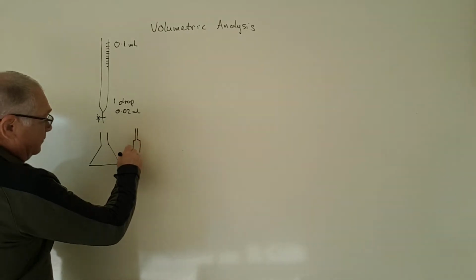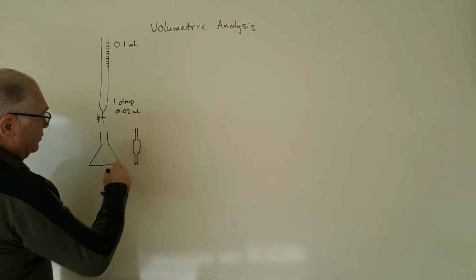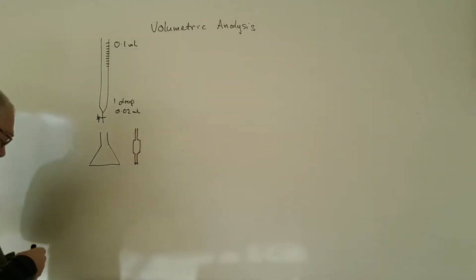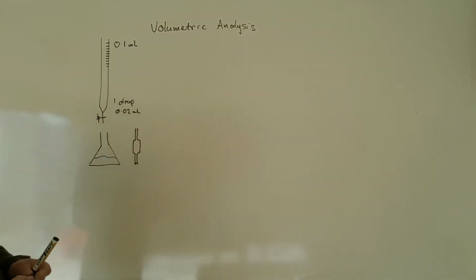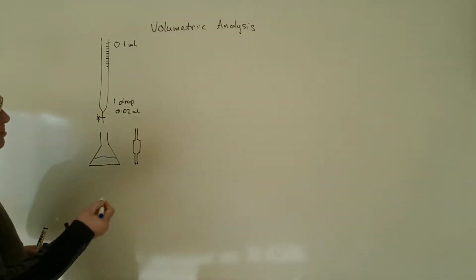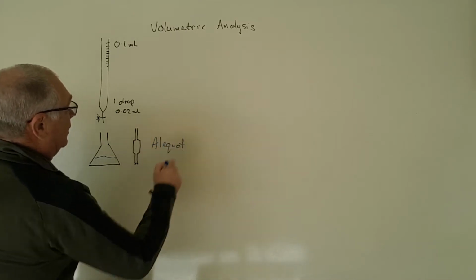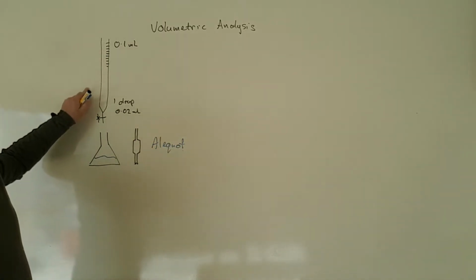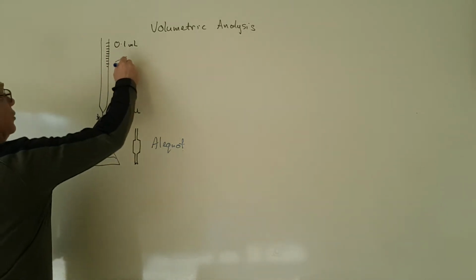And then there's a conical flask that it goes into, and we use a pipette to measure out a fixed volume of solution that goes into the conical flask. The volume that we measure out with the pipette is called the aliquot, and the volume that we add with the burette is called the titer.